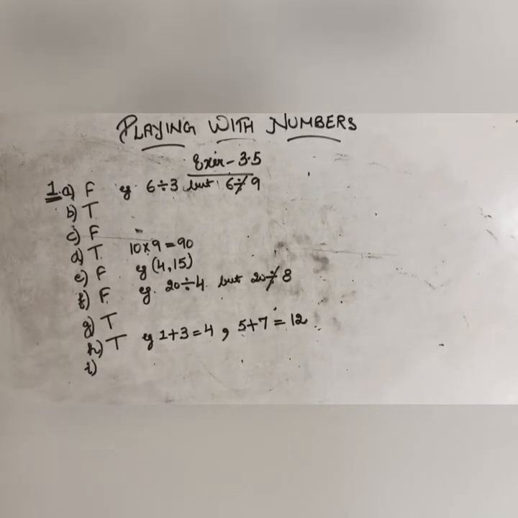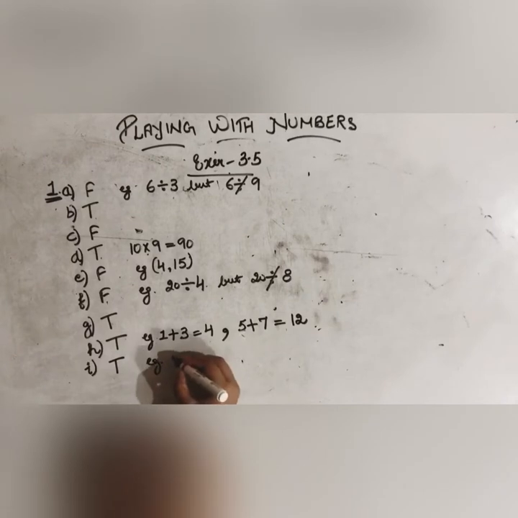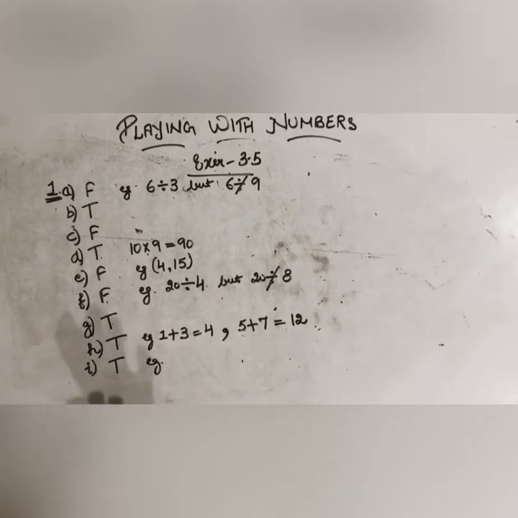Next part: If a number exactly divides two numbers separately, it must exactly divide their sum. Like if there is a number and it is dividing two numbers separately. True. I am taking one example.